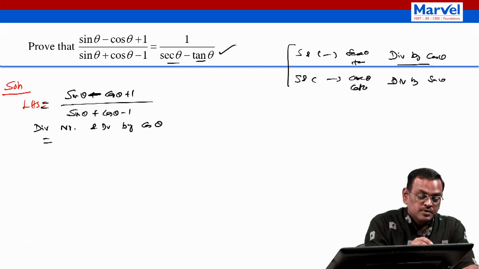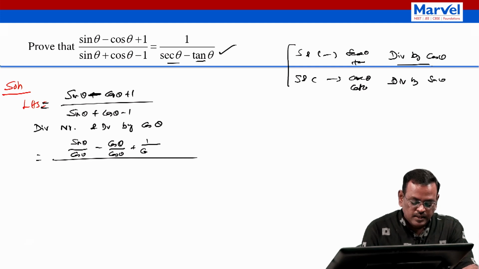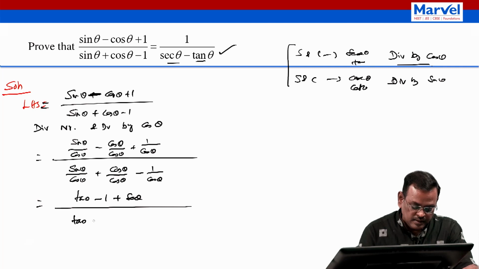So this becomes sin theta by cos theta, 1 by cos theta, sin theta by cos theta, 1 by cos theta. So what does the numerator become? The numerator becomes tan theta minus 1 plus secant theta, and the denominator tan theta plus 1 minus secant theta.